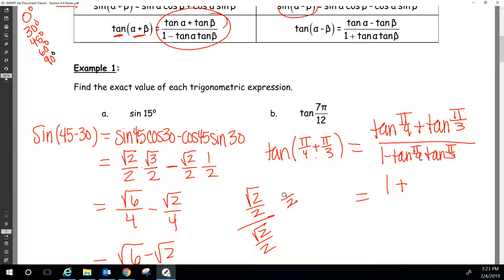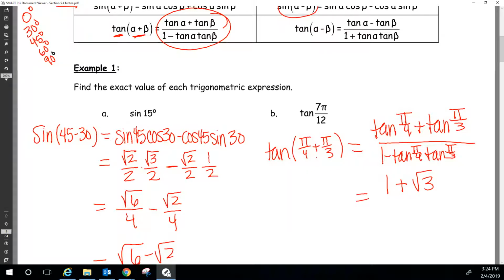Nope, just kidding. That would be for pi over 6. It would be square root of 3 over 2. What's your x value? 1 over 2. When you're dividing fractions, you want to multiply by the reciprocal of this guy.